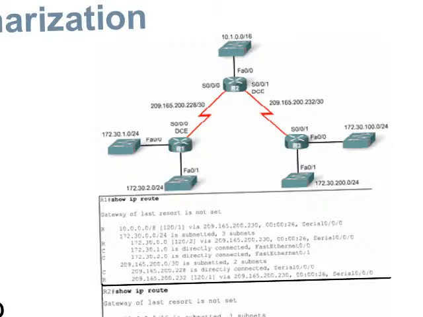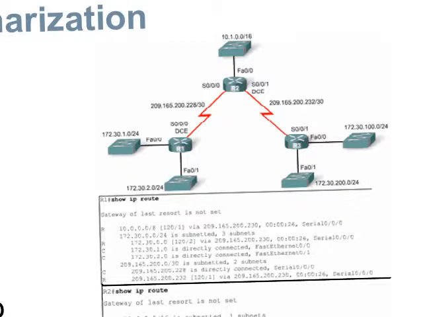Using the automatic summarization rule, when R1 sends a route update about any of these two networks from R1 to R2, R2 has a route entry that says 172.30.1.0 or 172.30.2.0, right?